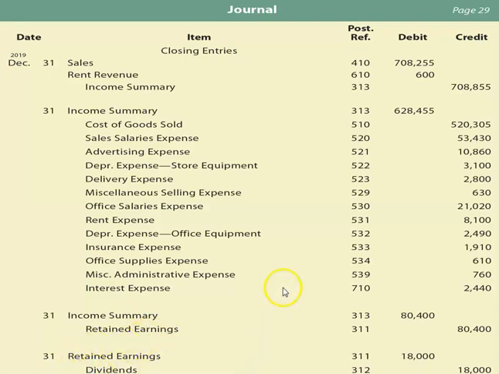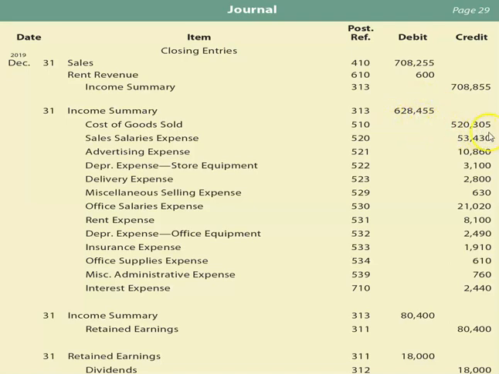So if we were to look at this, really the only difference that we would have is right here, cost of goods sold. It's just another expense that we have to close out. And as I told you before, it is a major expense. Looks like all of our expenses combined in this example for this company, whoever it is, $628,000.